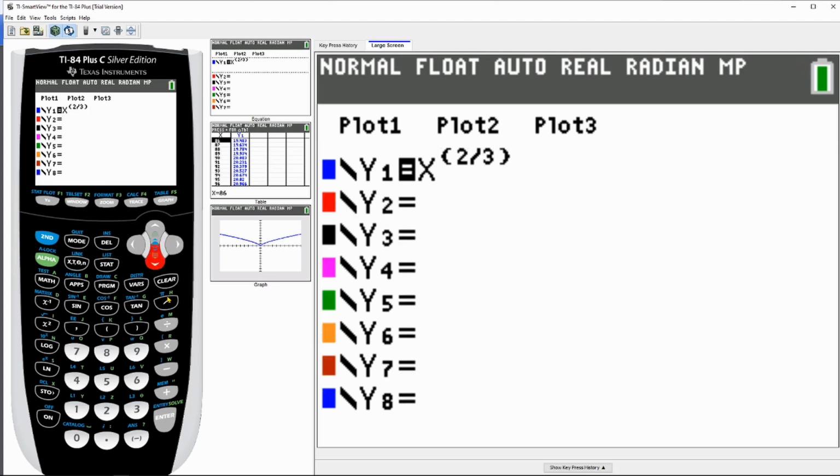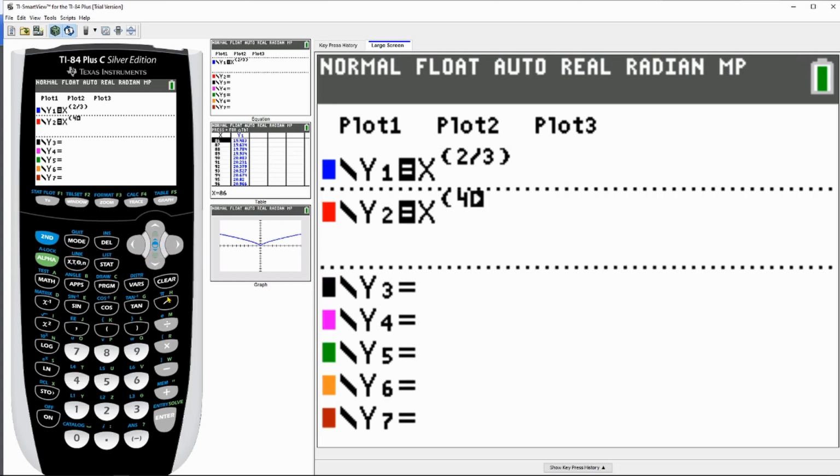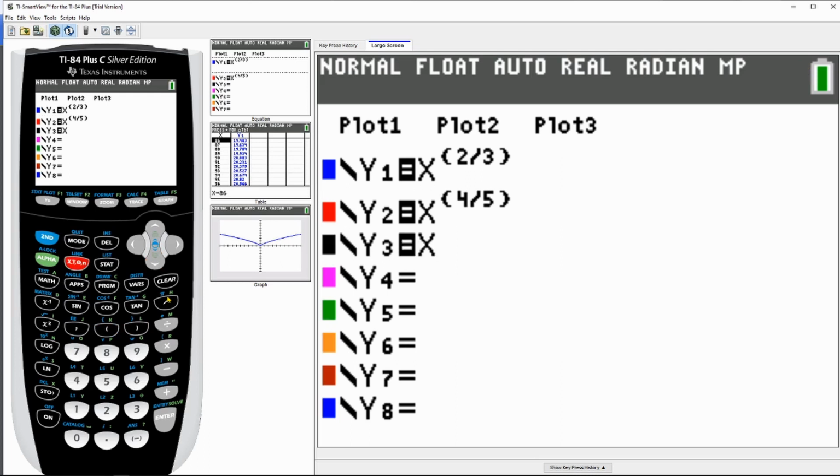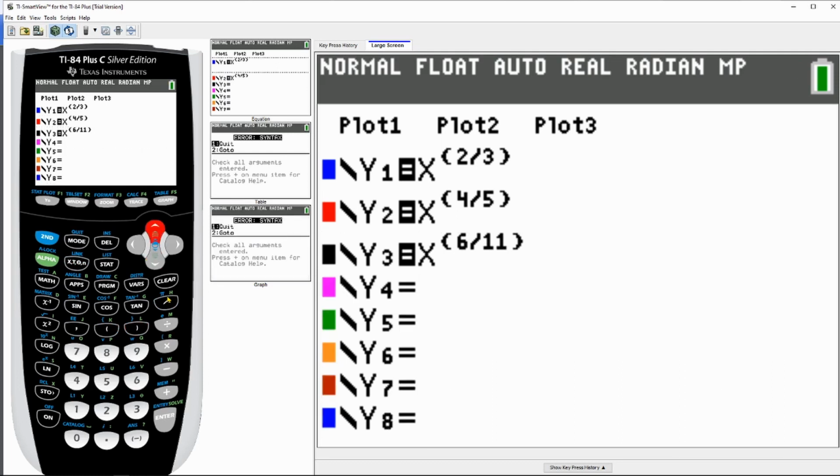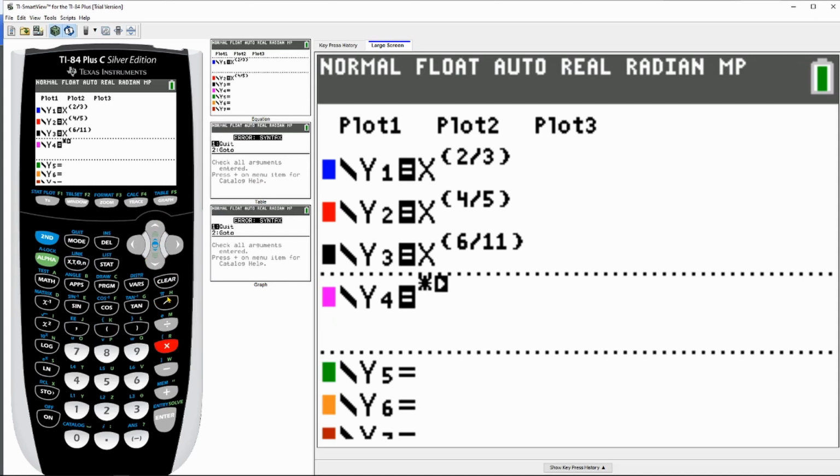Our second equation is x to the 4/5. Third equation was x to the 6 over 11. And our last equation was x to the 4/3.